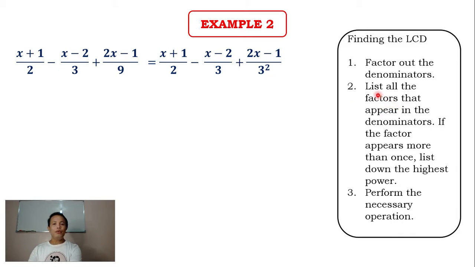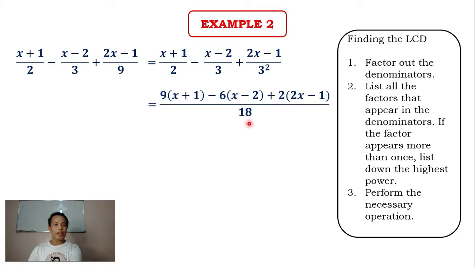Then afterwards, we list down all factors that appear in the denominator, but in this case, we have the common factor, which is 3 and 3. And it says here that we have to list down only the factor having the highest exponent. In this case, we have 3 squared. So we do not list down 3. And we have another factor, which is 2. So therefore, our LCD for these denominators is 18.